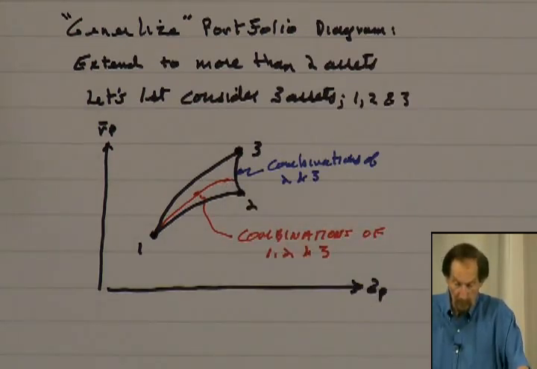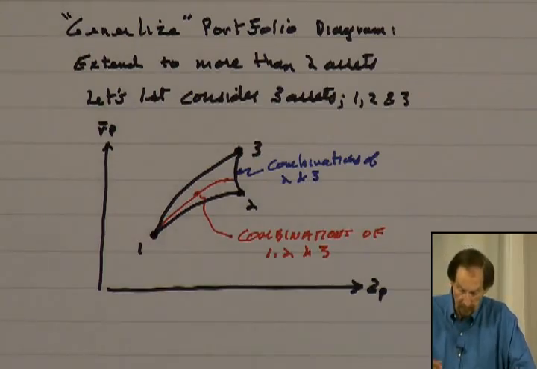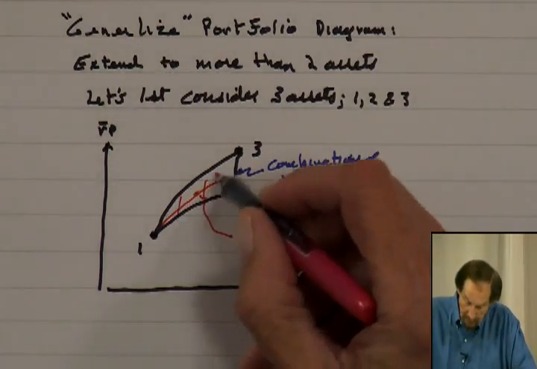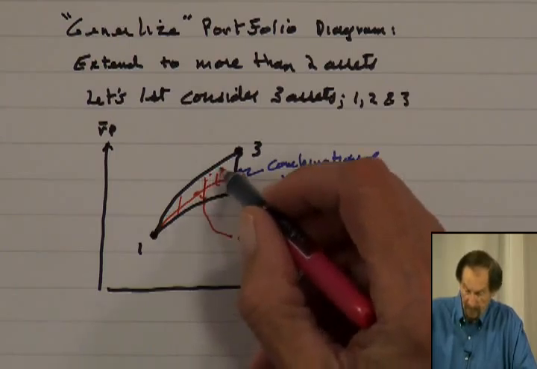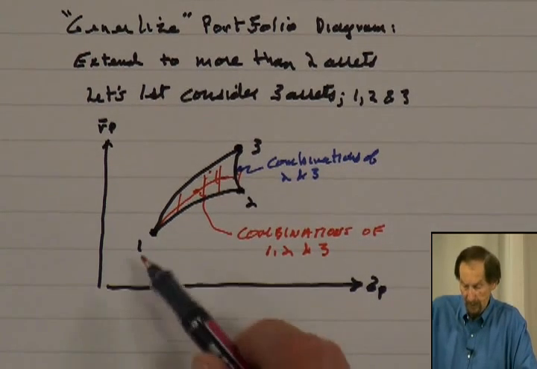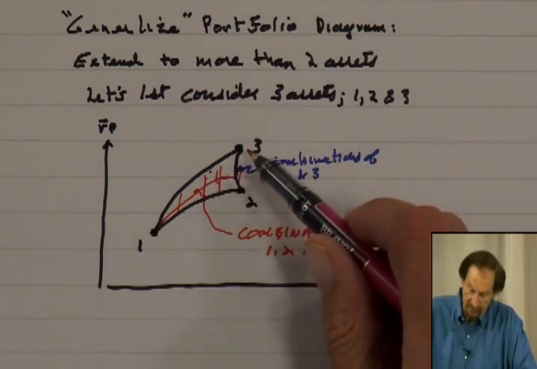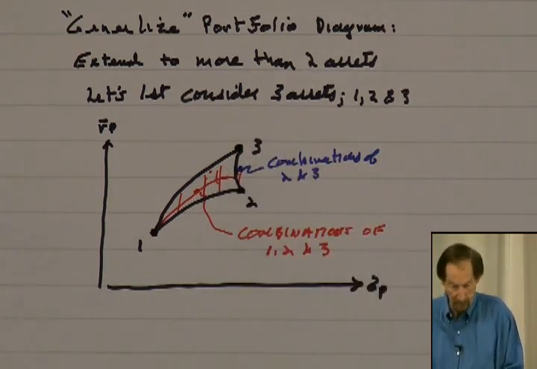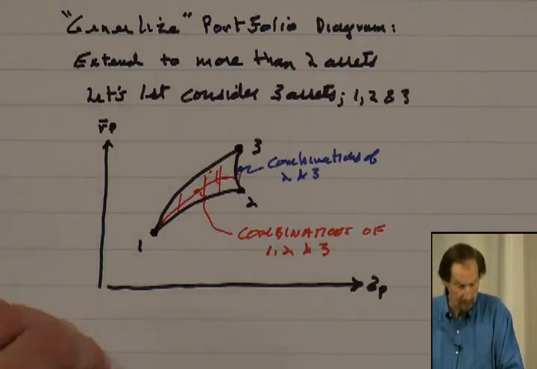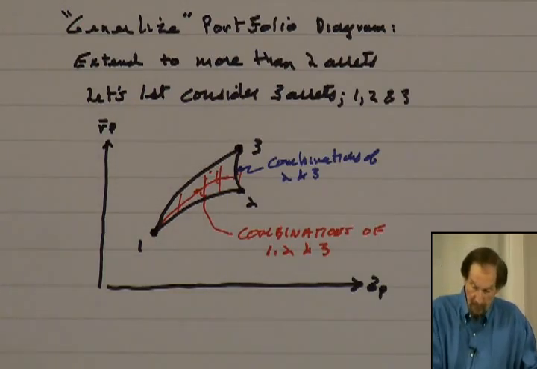So we scope out the whole thing. In here, in the red, we have the combinations of 1, 2, and 3. Along this line, it's a combination of 1 and 2. Along this line, it's a combination of 1 and 3. Okay.